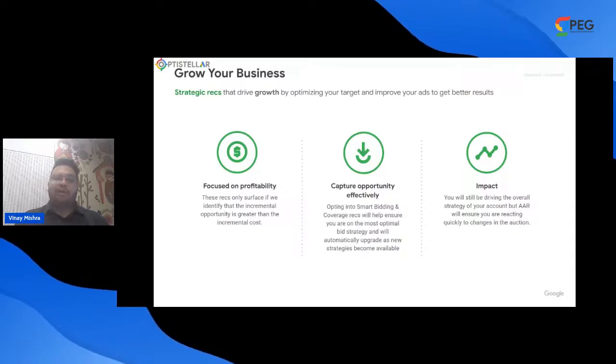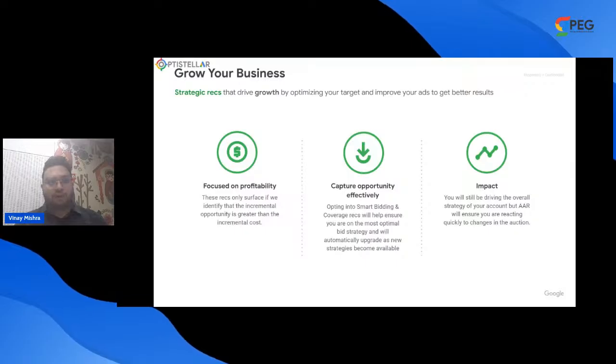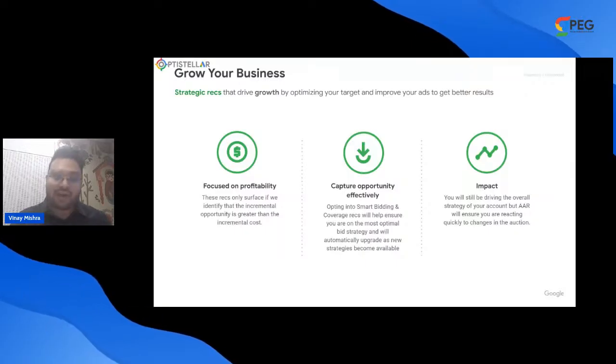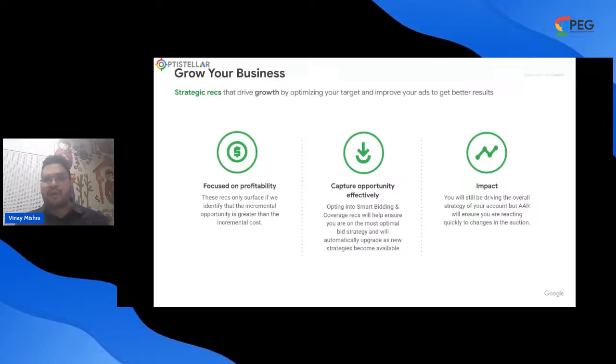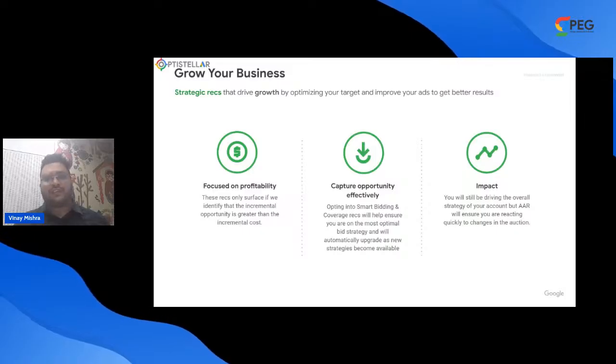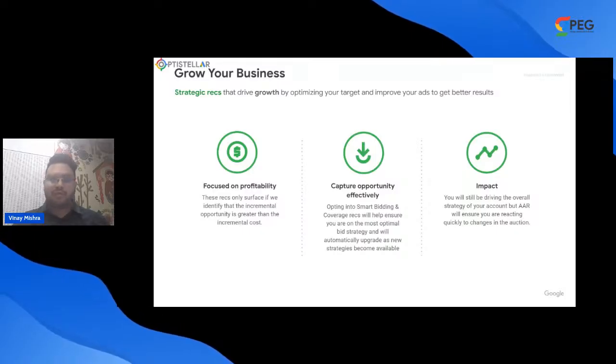When I'm saying capturing the opportunity effectively with auto apply recommendations, here I'm also talking about smart bidding, because with smart bidding you're enabling the campaign to use auto apply to its fullest potential.